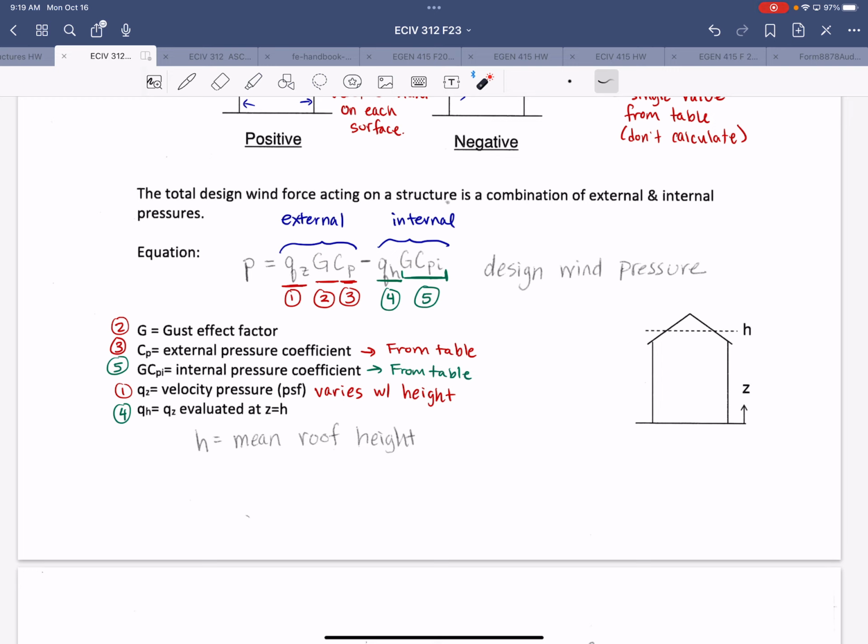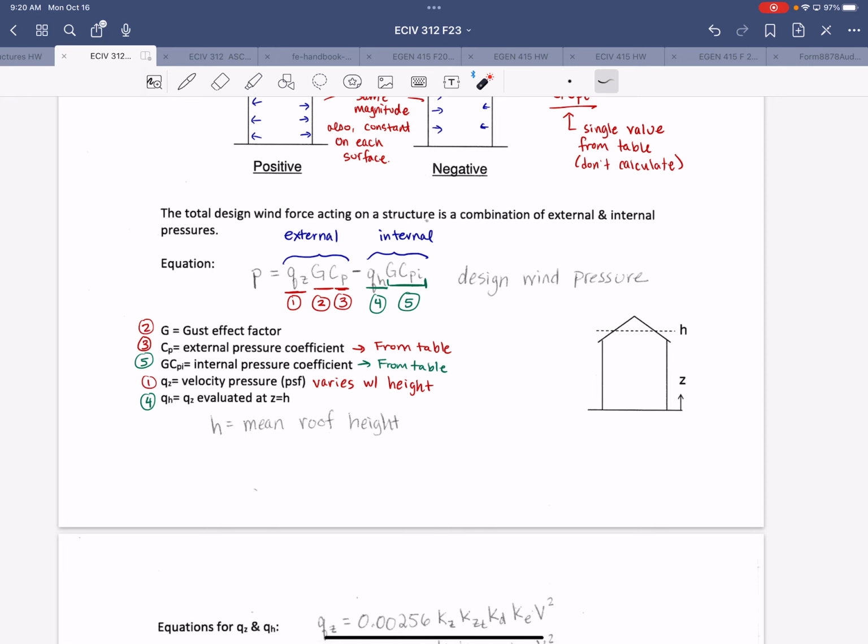They look very similar to each other. But please remember that in the internal pressure calculation, that capital G is not the gust effect factor. It's built into the internal pressure coefficient. So you do not use the gust effect factor for the internal pressure, only for the external pressure.